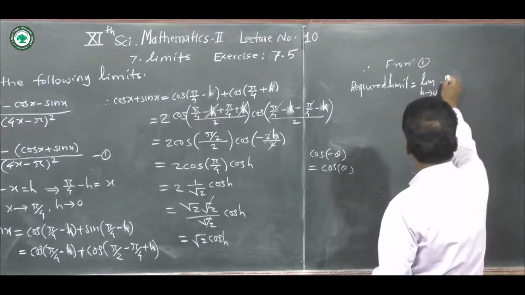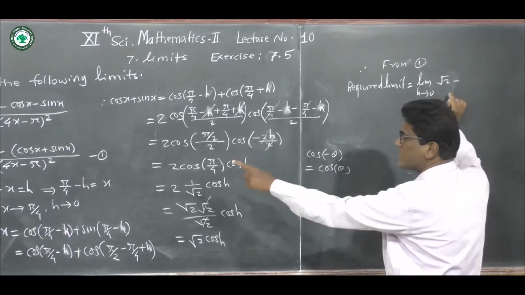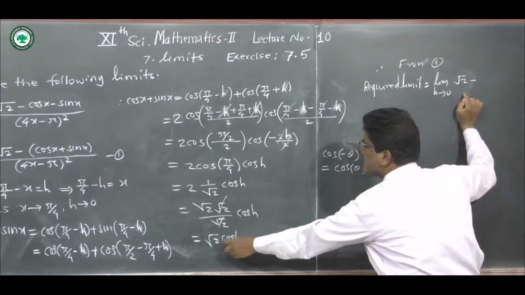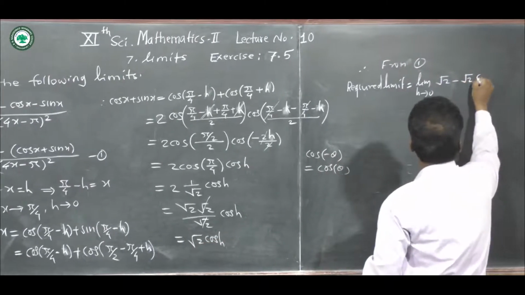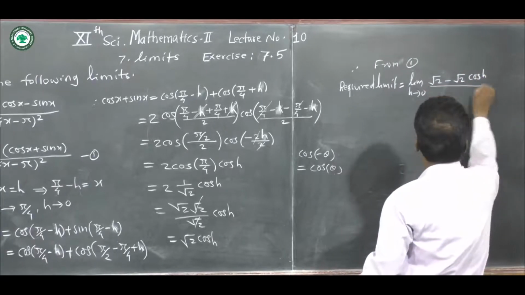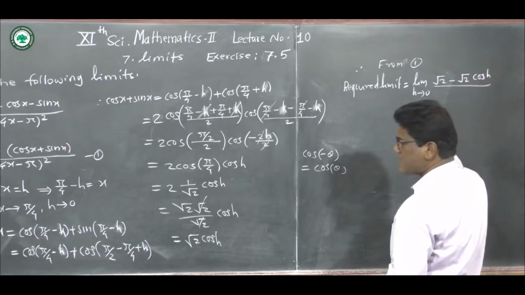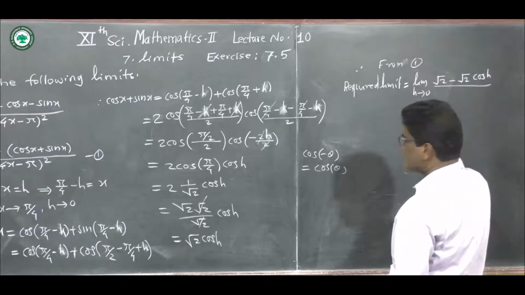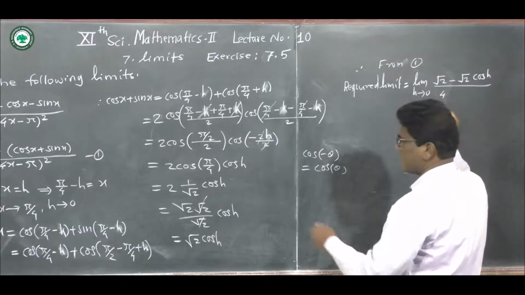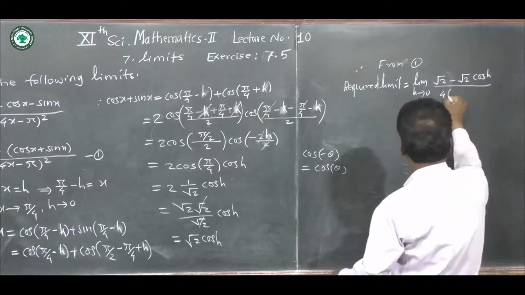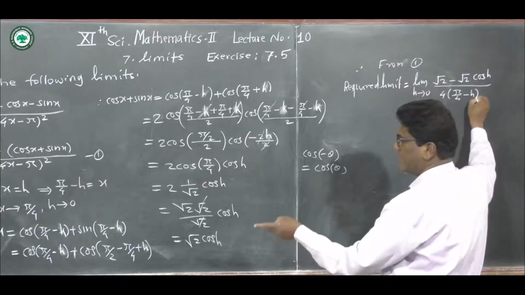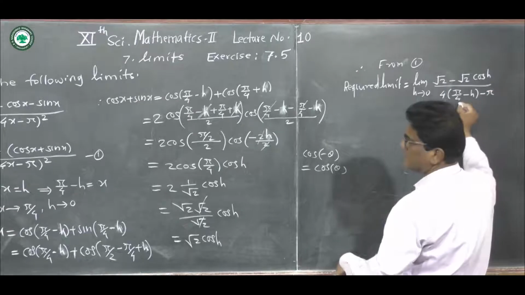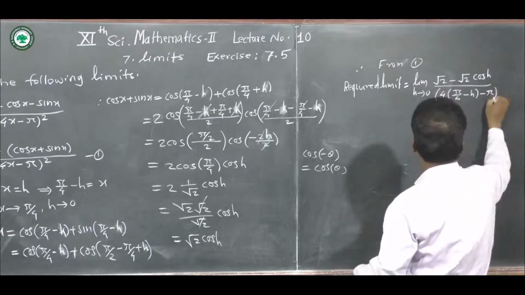In the numerator, root 2 minus (cos x plus sin x), and cos x plus sin x is root 2 into cos h, divided by 4x minus pi, whole square. So 4 and x is here pi by 4 minus h, and minus pi, whole square.